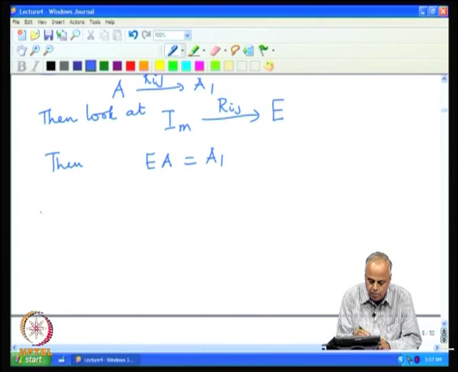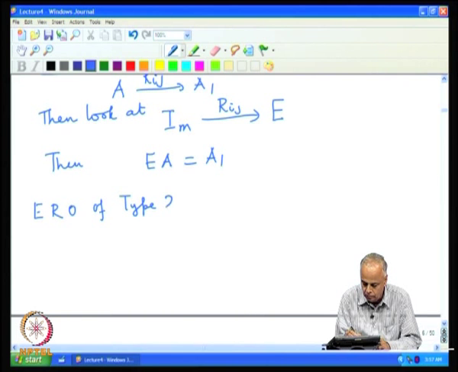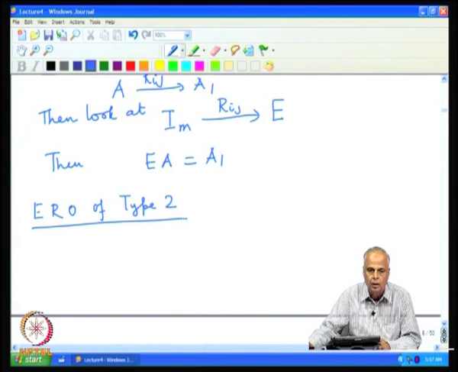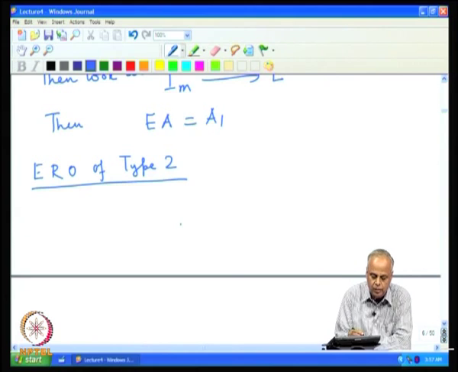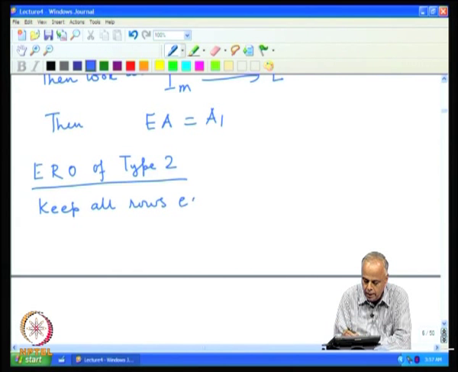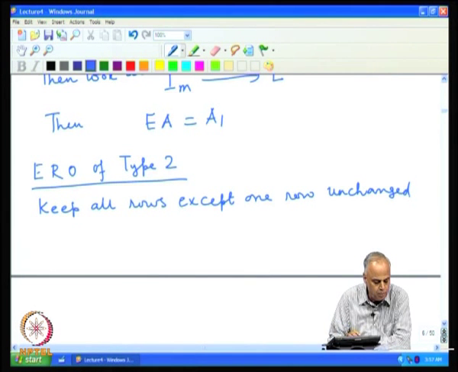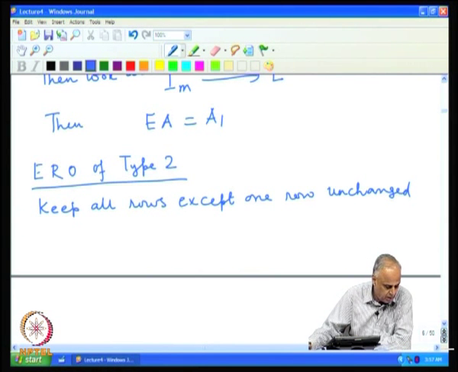The second type of elementary row operation: here, what we do is keep all rows except one row unchanged.